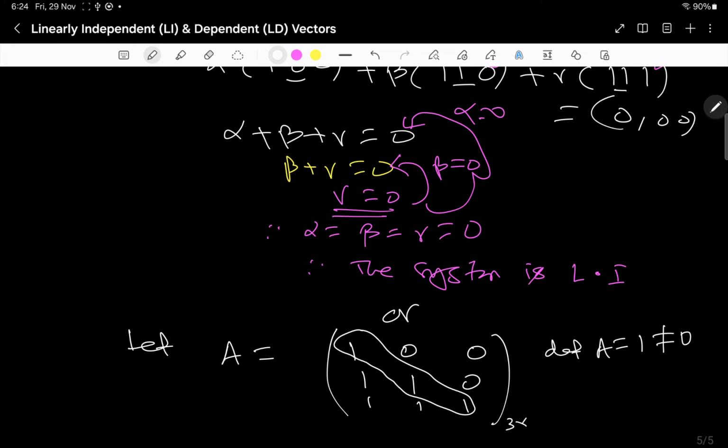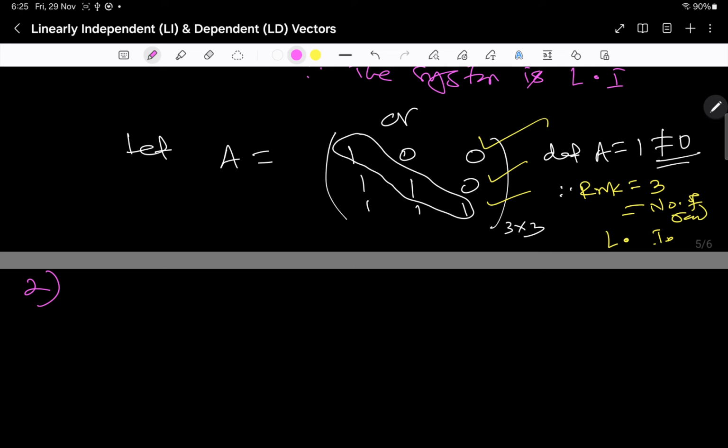The order of this matrix is 3, so the determinant is 1, not equal to 0. Therefore the rank is equal to 3, and the number of rows is 3. Therefore the system is linearly independent.